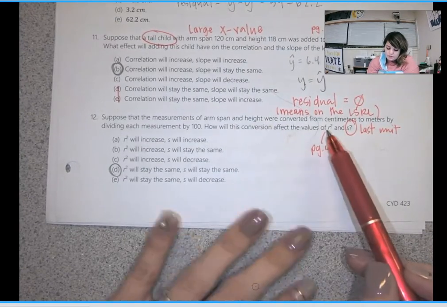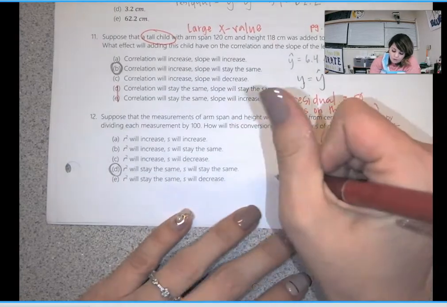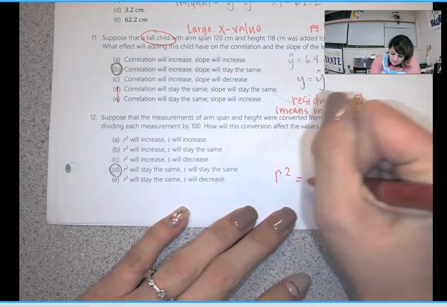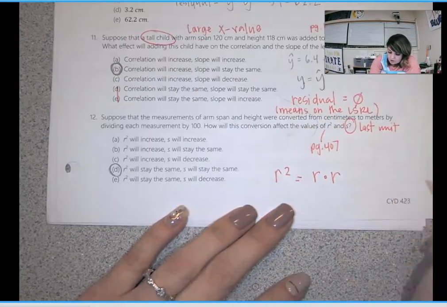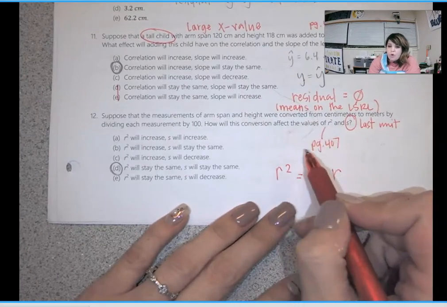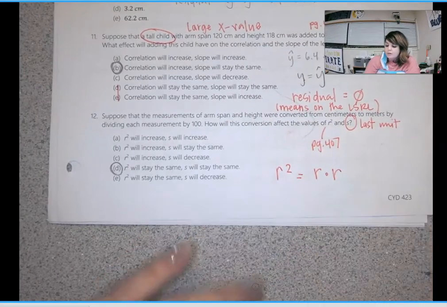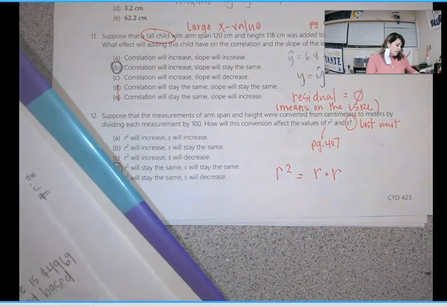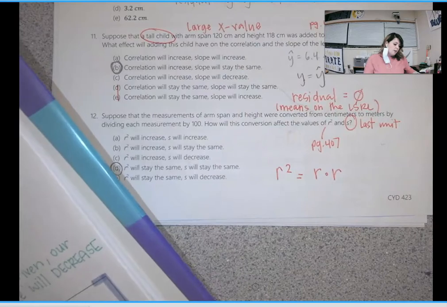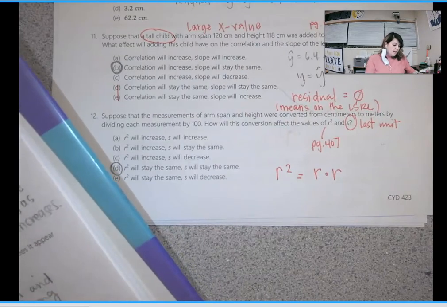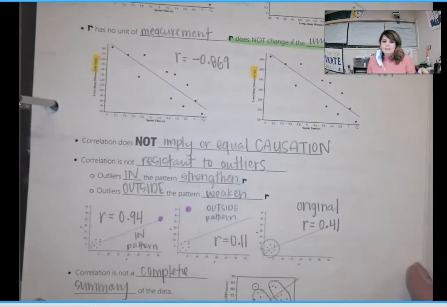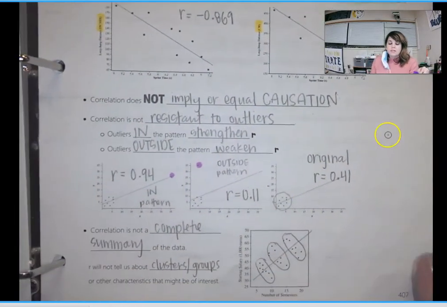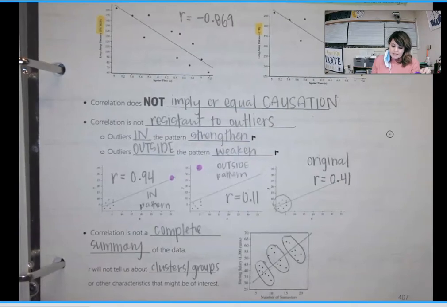So first things first is R. Well, remember that R squared is equal to R times R. And we have a whole page worth of things about R that we need to know are true. So on page 407, we talk about how it doesn't matter if you change the units, you flip the axes, you convert your measurement, R will stay the same.